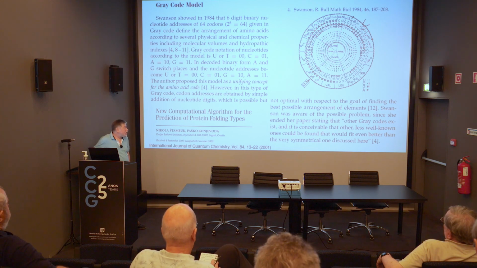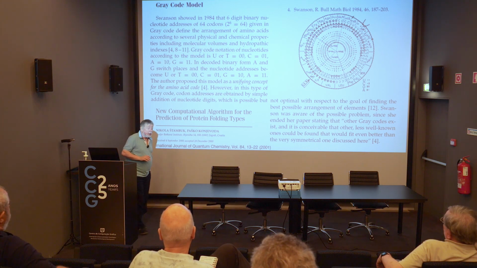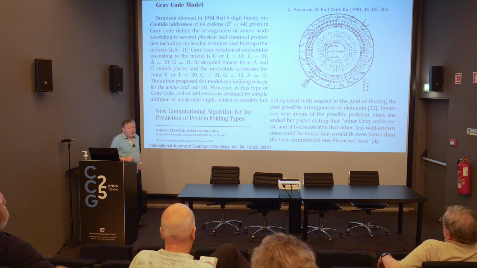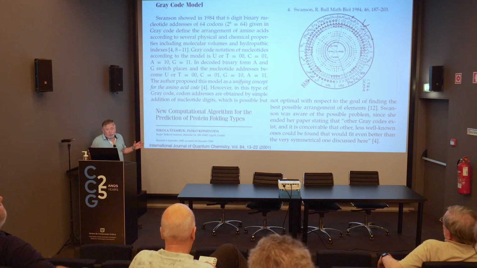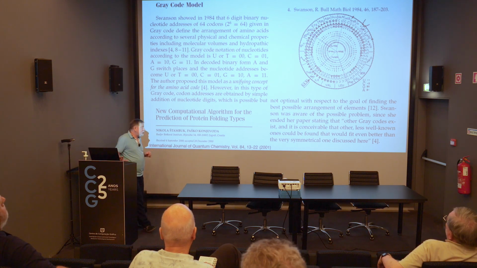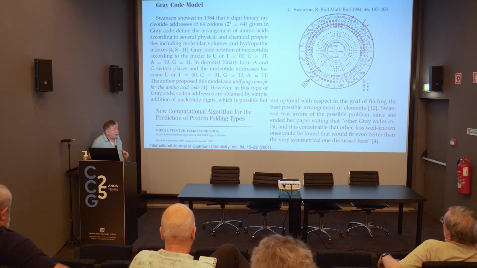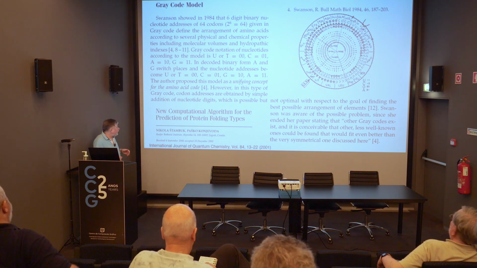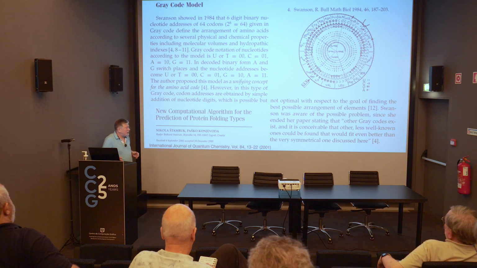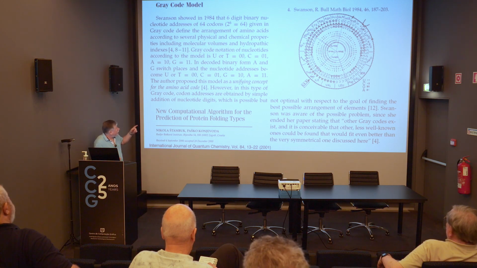However, she admitted that there are other gray codes which could give arrangement of physical chemical parameters of amino acids, and that's basically what we did. In 2001, I did it, first published in 1998, of a gray code G01A11.